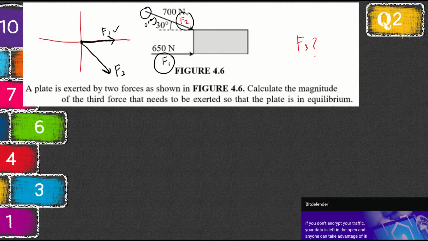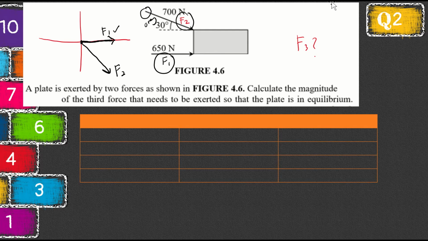Okay, so to make it simpler, we put everything in a table. In the table we put F1, F2, F3, with a column for the X component and a column for the Y component.